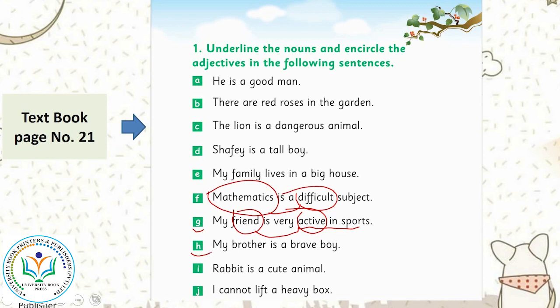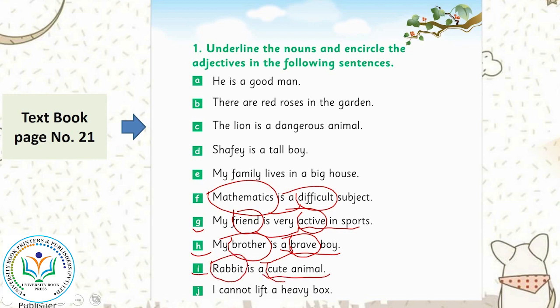H, my brother is a brave boy. Brother is a noun here? Yes. And brave is an adjective here, which is describing his brother, that he is brave. I, rabbit is a cute animal. Here the rabbit is what? Yes, noun.